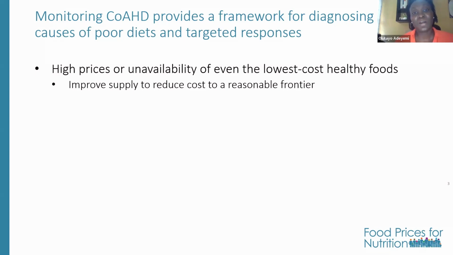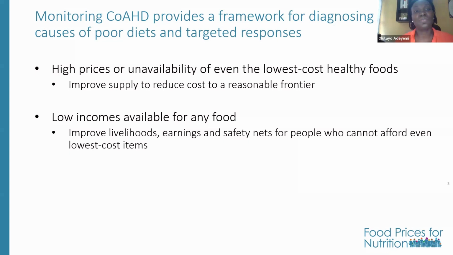And most of the time when we calculate affordability, it does take into account people who produce their food. So when we say the cost is high and people cannot afford it, it takes this into account. And then you can also have low income. So really, it's not the cost that is the problem. It's just that their incomes are low for any food at all.